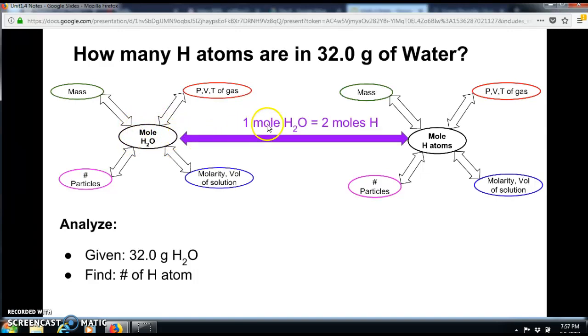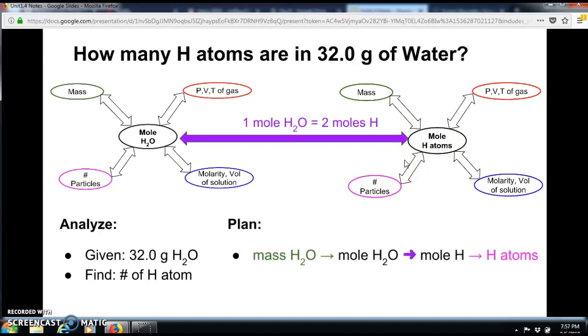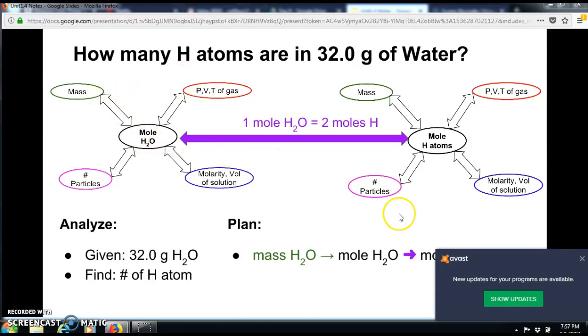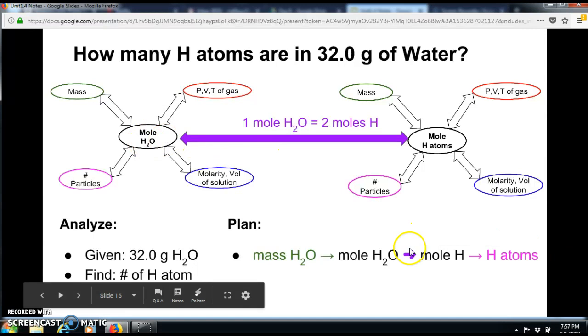There's a 1 to 2 molar ratio for water to hydrogen atoms to convert from moles of water to moles of hydrogen atoms. Once we are over here with the moles of hydrogen atoms, now we can get to the particles of hydrogen atoms. So our mapping looks like this: mass of water to moles of water, to moles of hydrogen atoms, to number of hydrogen atoms.